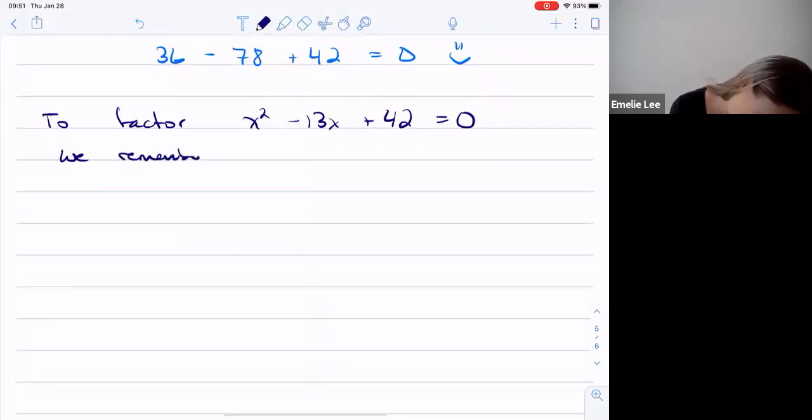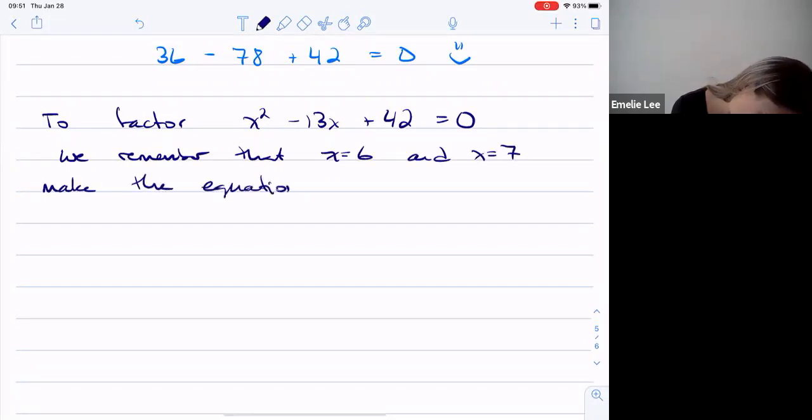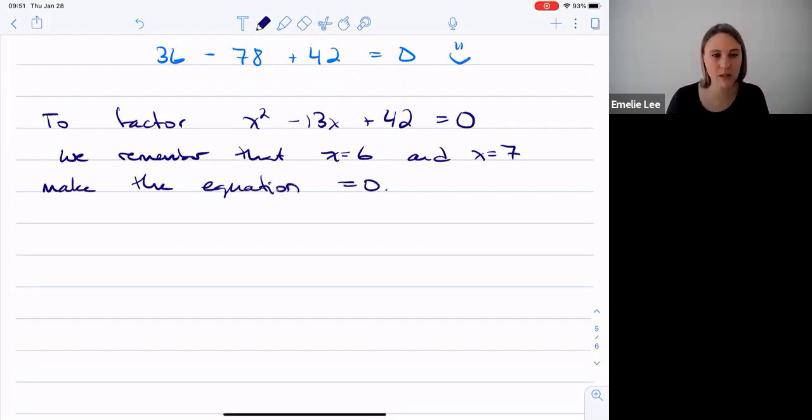You remember that x equals 6 and x equals 7 make the equation equal to 0. So what I do is I'm going to have x plus or minus something times x plus or minus something.